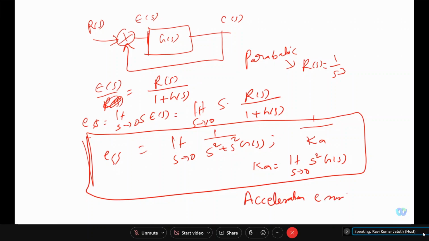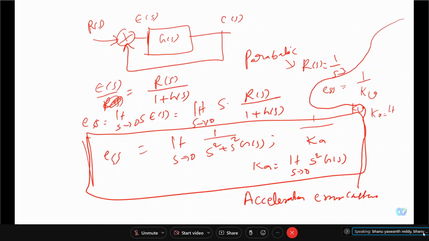In the last class, we saw the steady state error for unit ramp input as 1 by Kv, where Kv is given by limit S tends to 0 of S G of S. This is Kv, the velocity error constant.